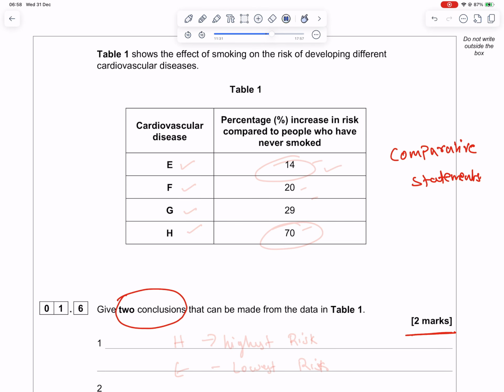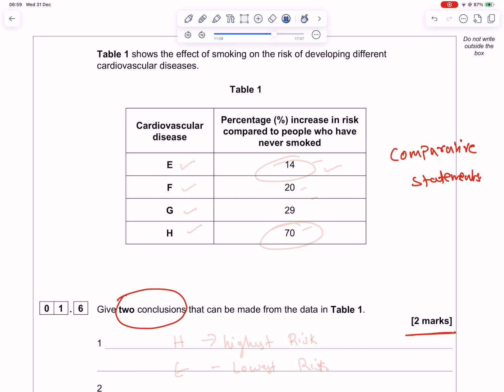That's what the table is telling. Looking at it, for disease E it is 14%, disease F it is 20%, disease G it is 29%, and disease H it is 70%. Now, any 2 correct comparative statements, for example, you can see consistently smoking is increasing the risk of all the cardiovascular diseases here across the board.